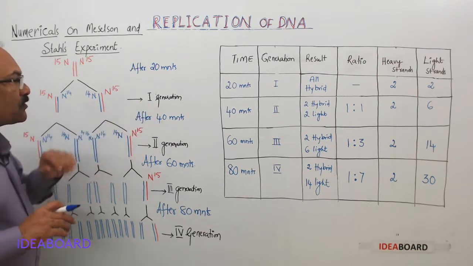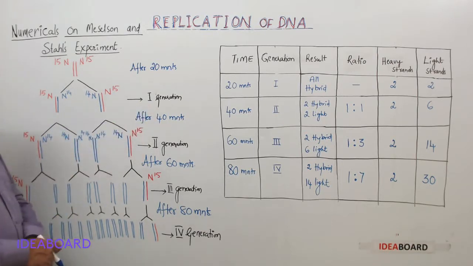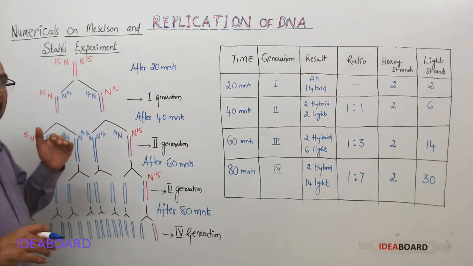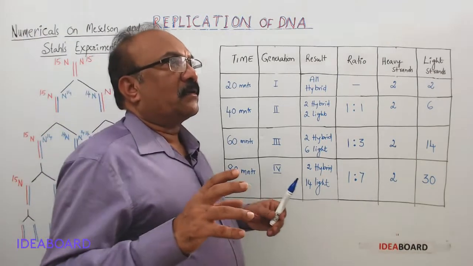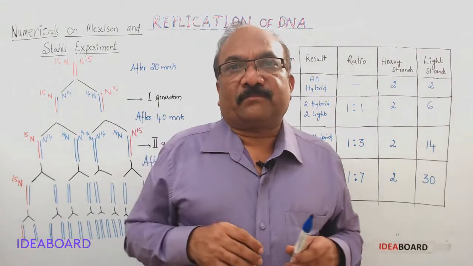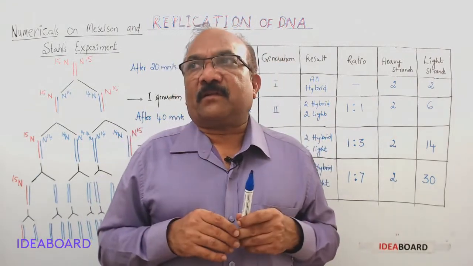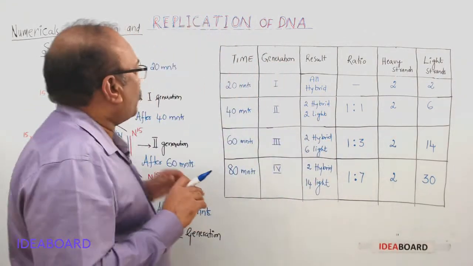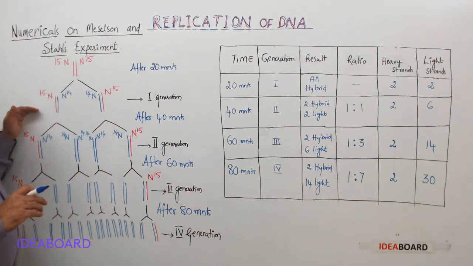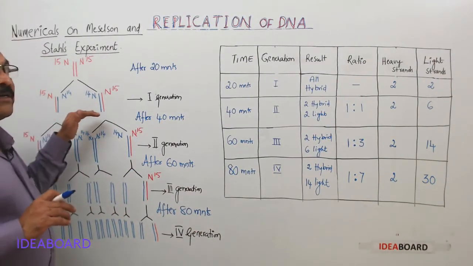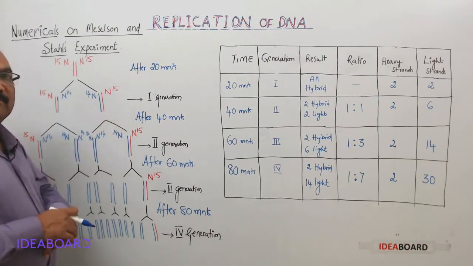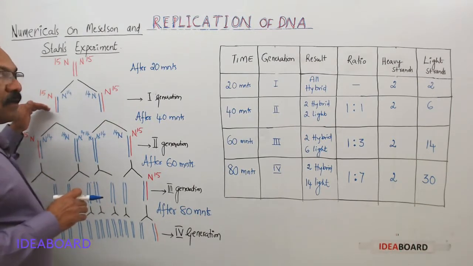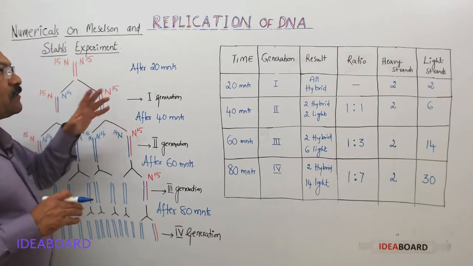So in the first generation itself, they ruled out the conservative model. If it were the conservative model, one heavy DNA and one light DNA should come.